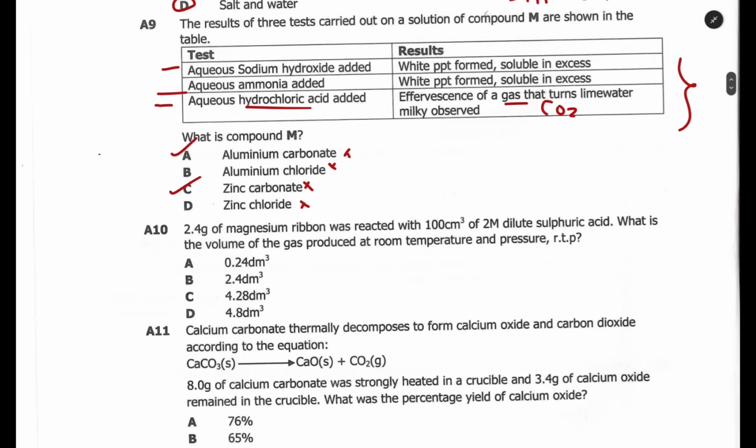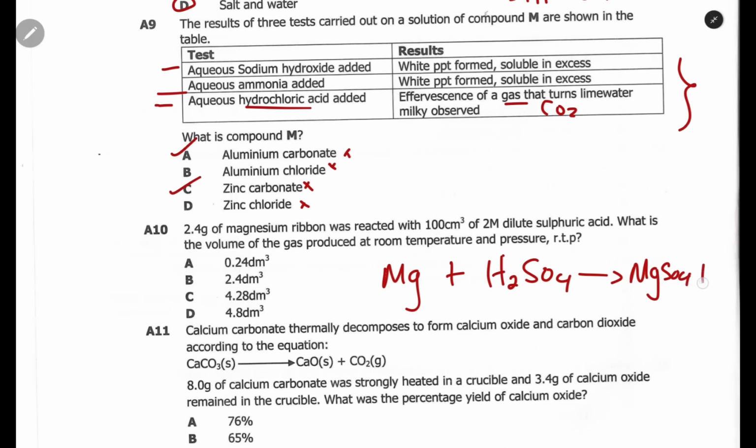Let us go to question 10. 2.4 gram of magnesium ribbon reacted with 2 moles of dilute sulfuric acid. Then this is a metal and an acid. What is formed is a salt, magnesium sulfate, plus hydrogen gas.